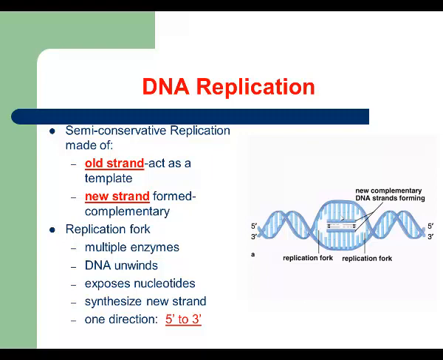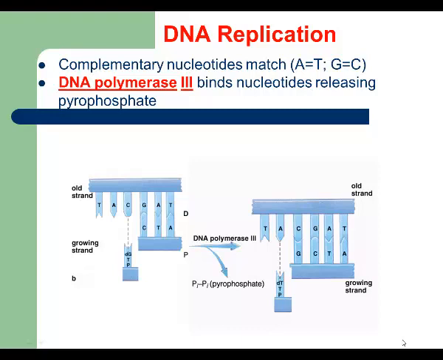When two new strands get formed within the bubble, the old strands will be used as a template, and the new strands formed within that bubble will be complementary copies of the old strands. So what is the name of the enzyme that will make those complementary copies of the DNA molecule?